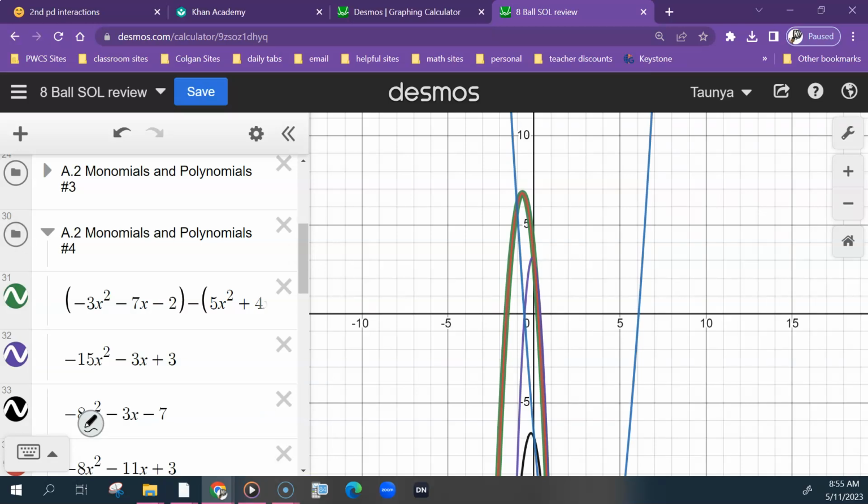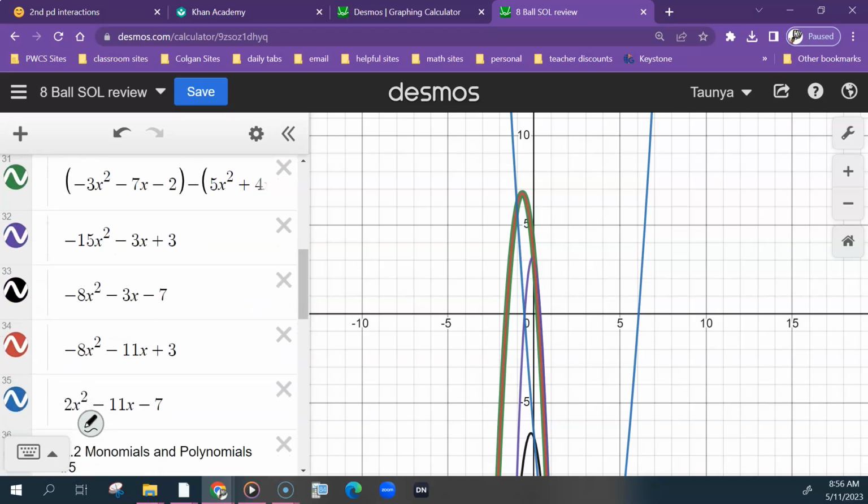If you were using Desmos for this, and you put in the original, it's going to give you this parabola, this U shape. If you put in the other ones, only one overlaps it. Other questions on that page? Regina, and then Hula.